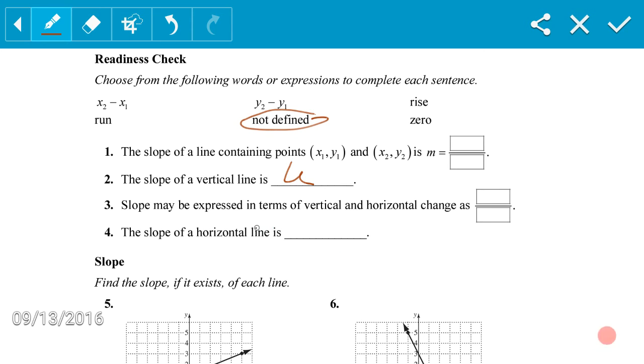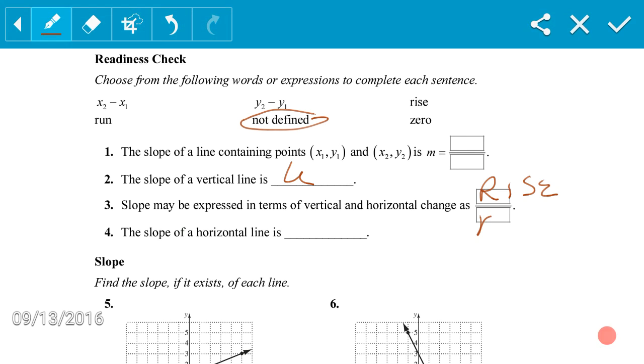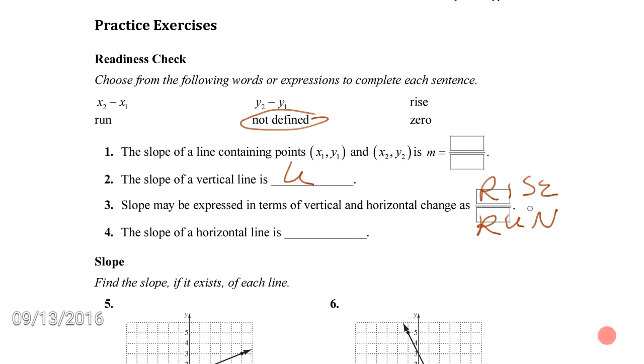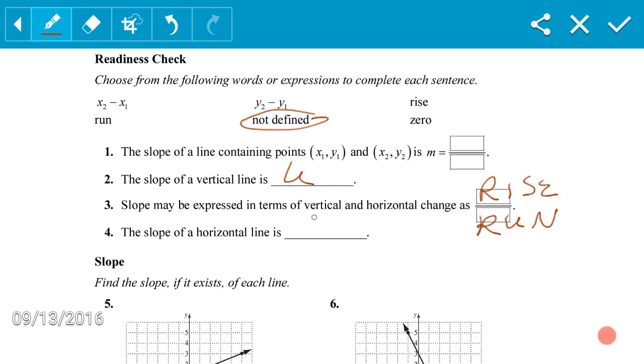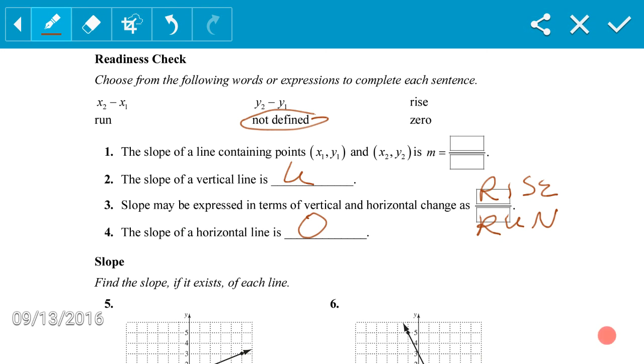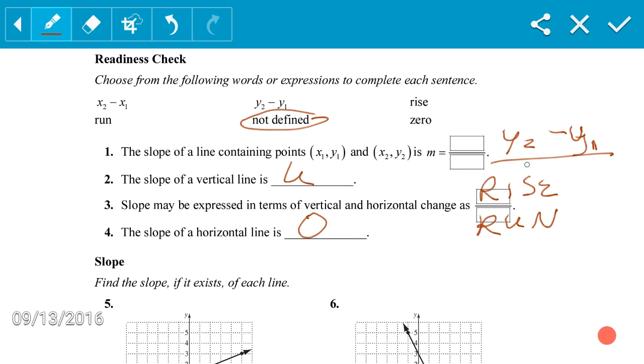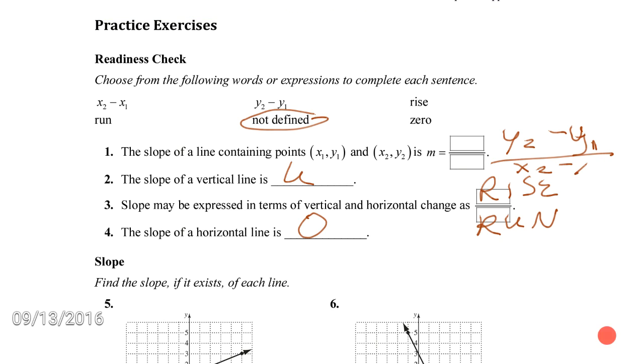Okay, slope may be expressed in terms of vertical and horizontal change as rise over run. And the slope of a horizontal line is going to be 0, like a flat roof. So again, remember that the slope formula is y2 minus y1 over x2 minus x1.